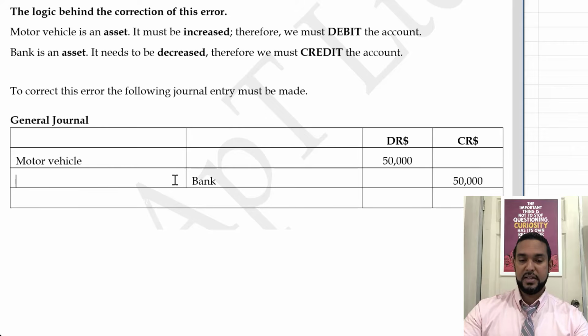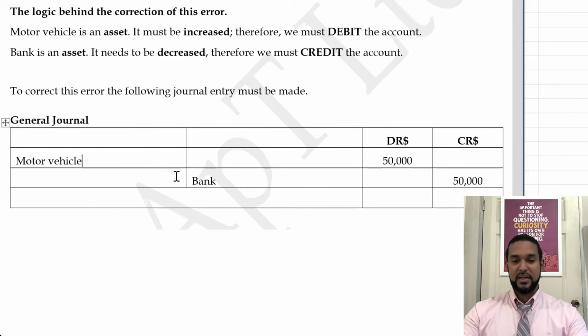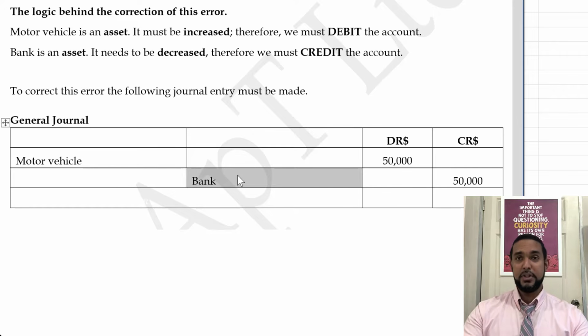Now notice that there's a space, and when you guys draw up your general journal, you're probably not going to have all these different lines and cells. You may have some of those, but usually there's no line here to separate these two things. But I put it there to emphasize the fact that we need to indent the credit entry, right? We need to shift it across relative to the debit entry to make reading it a bit easier, okay?